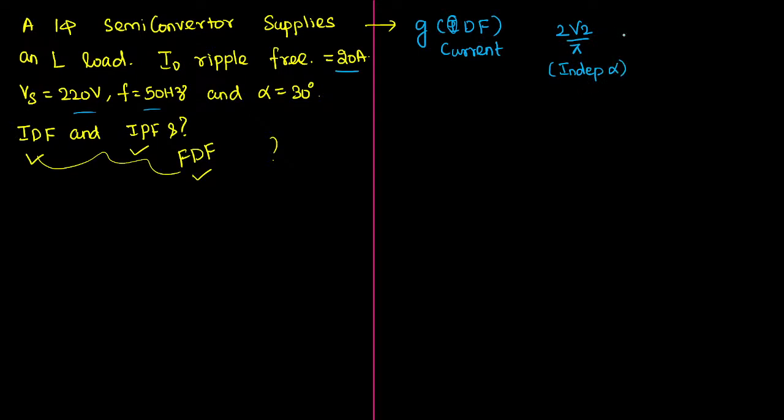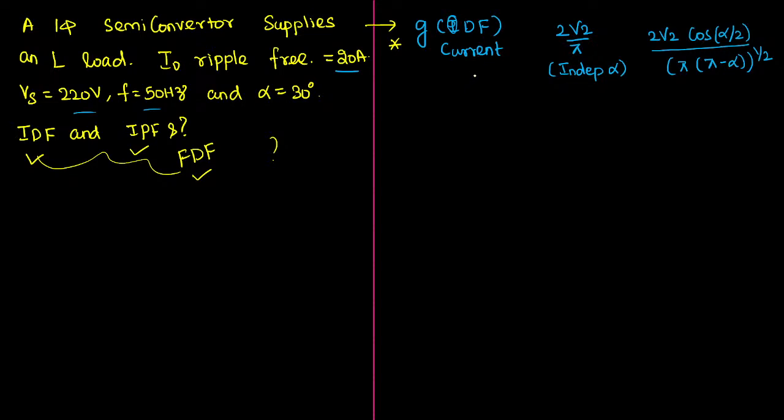You can explore the current distortion factor like that. Similarly, in case you explore this for the semiconverter, it will be 2 × √2 cosine of alpha by 2, divided by square root of pi into pi minus alpha. And the second thing is this is the current distortion factor.